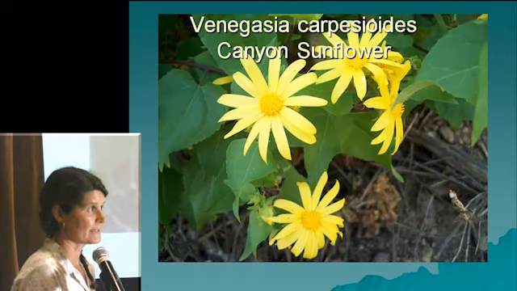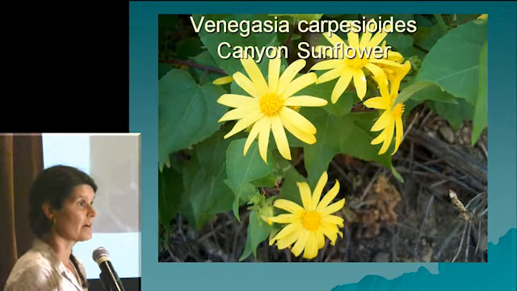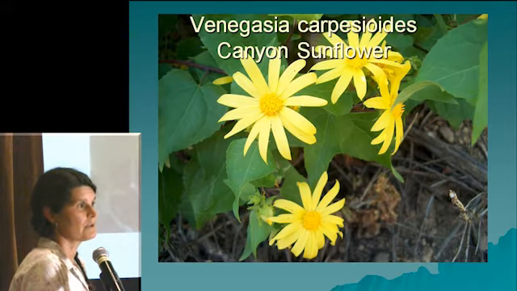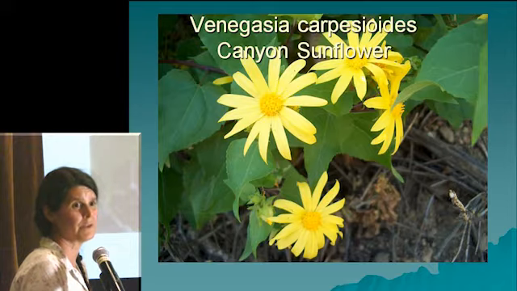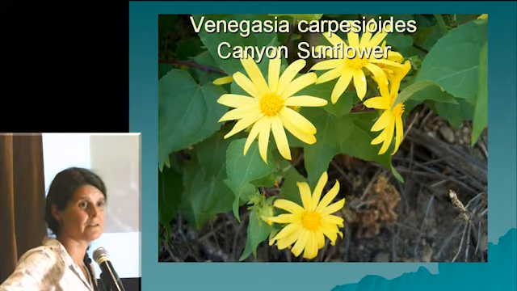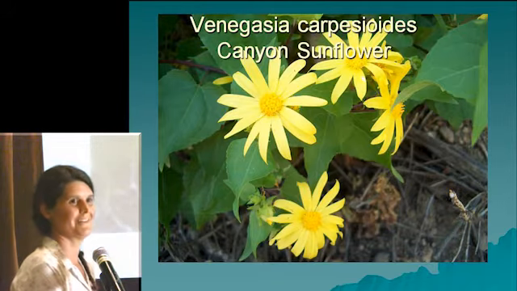And then Venegasia carpesioides, that's a canyon sunflower, and that actually grows in Monterey County south. But it grows in canyons, deep shade. Could maybe take a little bit of morning sun. They get maybe 4 feet. Beautiful sunflowers in the shade.